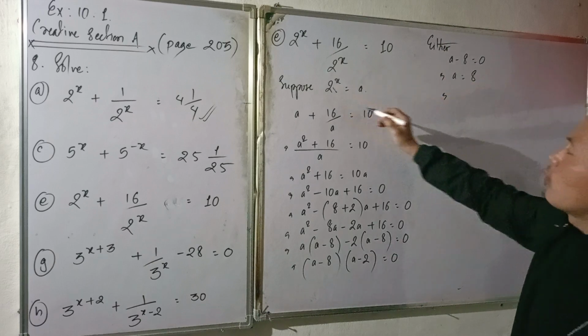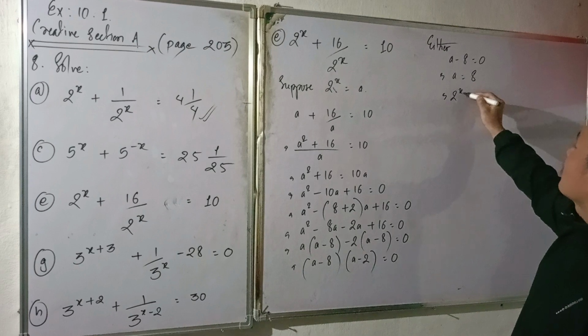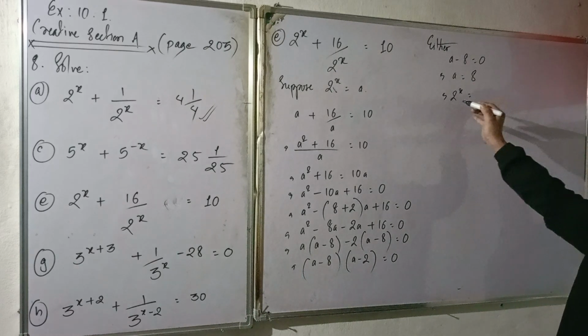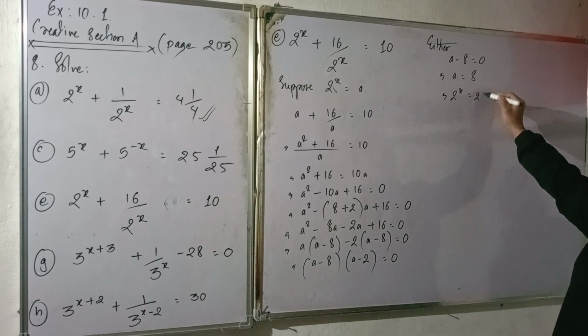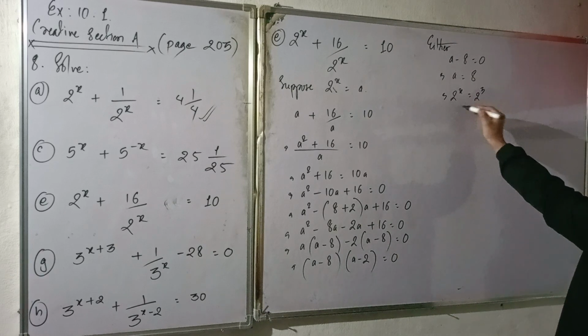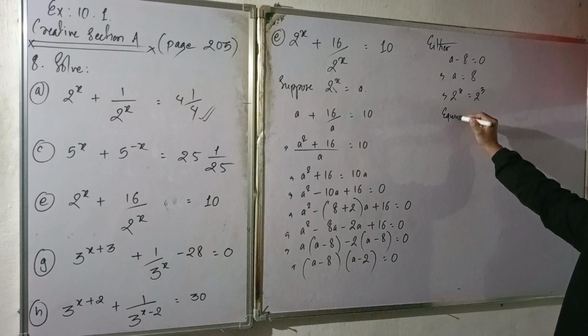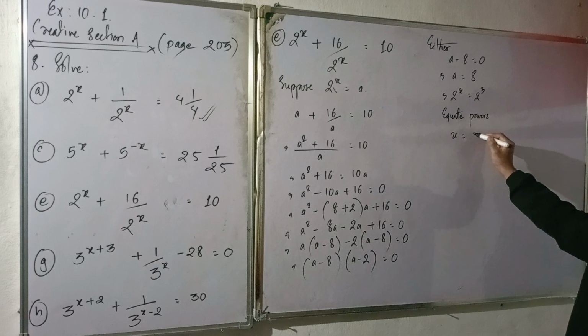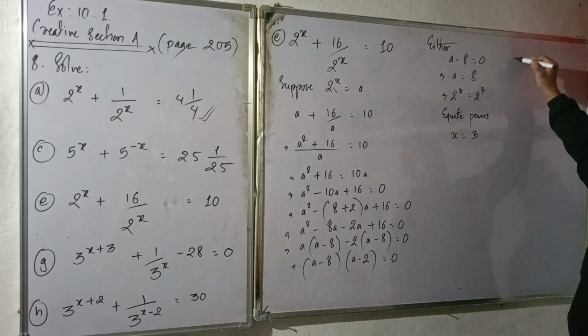Now replace back the value of a by 2 power x. This 8 can be represented as a power of 2 with the base 2. 8 is 2 power 3. So after having the same base, you can equate powers, and you get x equals to 3.